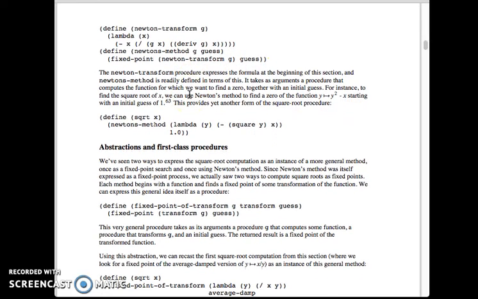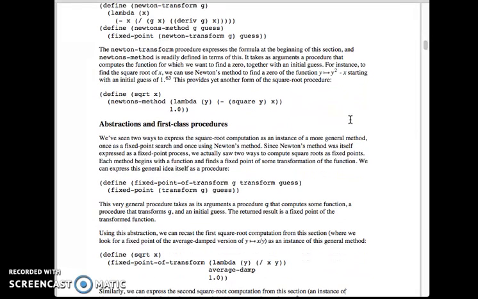The Newton transform procedure expresses the formula at the beginning of this section, and Newton's method is readily defined in terms of this. It takes as arguments a procedure that computes the function for which we want to find a 0, together with an initial guess. For instance, to find the square root of x, we can use Newton's method to find a 0 of the function y maps to y squared minus x, starting with an initial guess of 1.